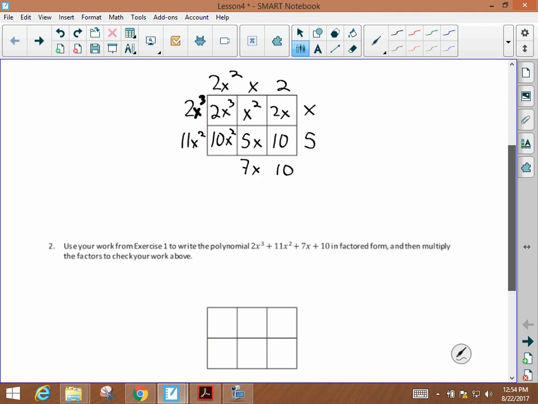They want us to say that, hey, if we were to factor this, we would be able to factor out an x plus 5 and a 2x squared plus x plus 2, right? We're saying that these things are equivalent here.